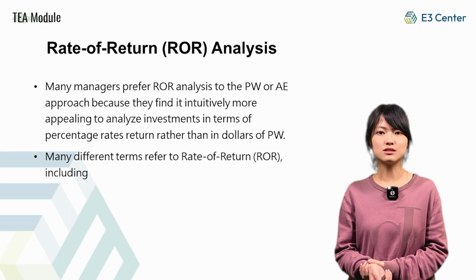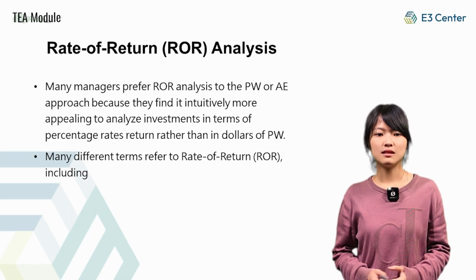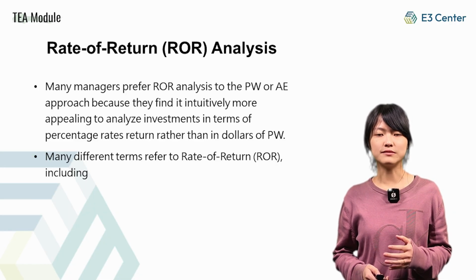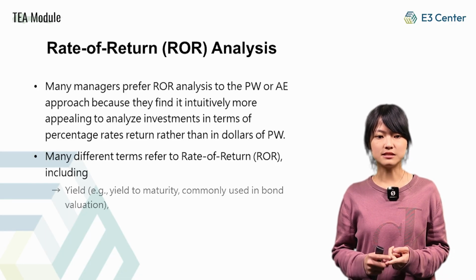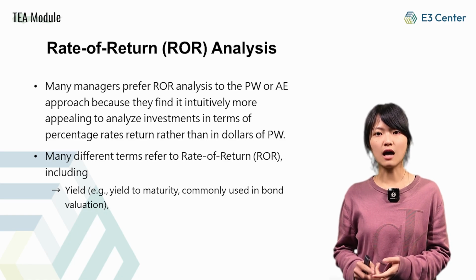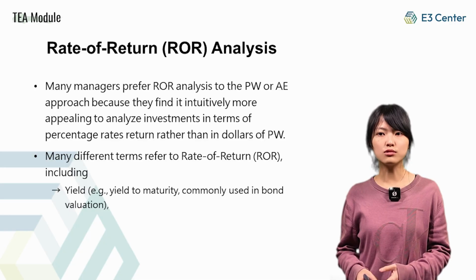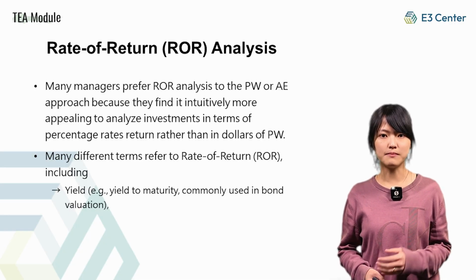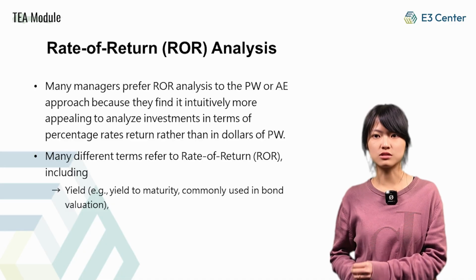It is important to note that ROR is known by several terms that you might encounter in various financial contexts. The first is yield. For example, yield to maturity, which is commonly used in bond valuation. This represents the total return anticipated on a bond if the bond is held until it matures.